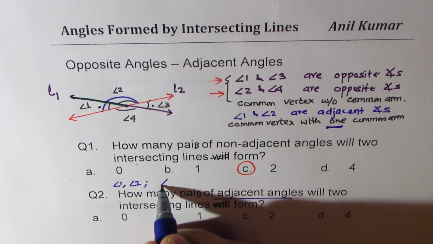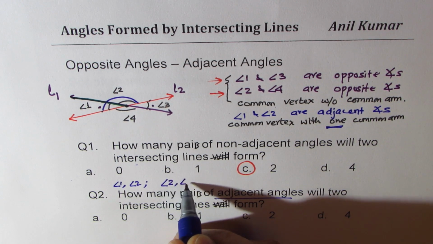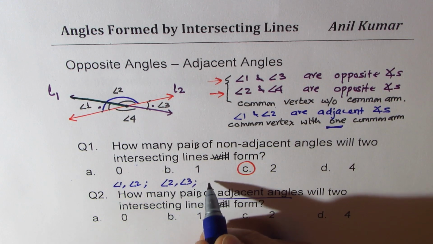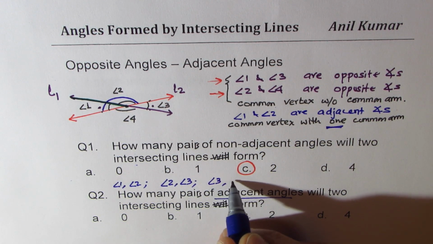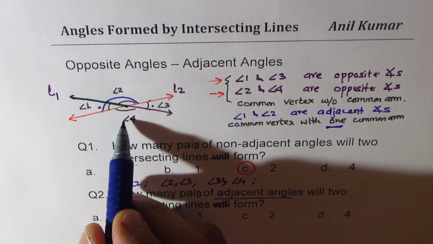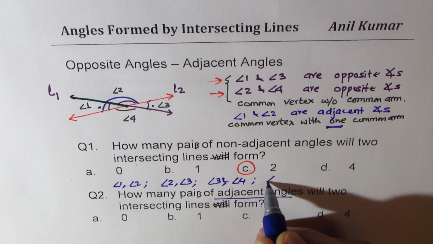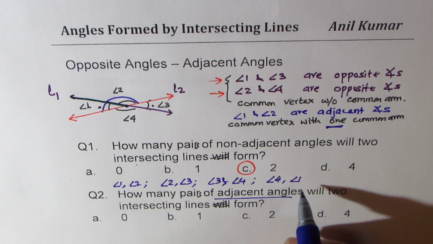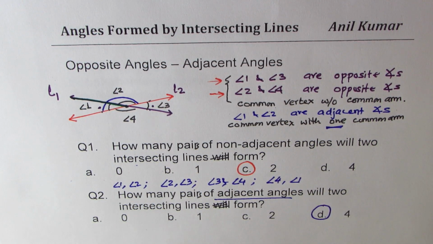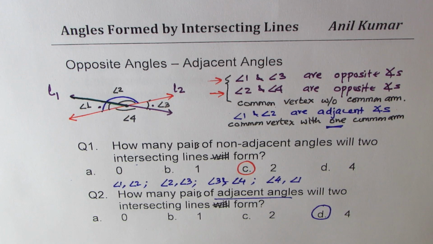They are also adjacent. Now 3 and 4 are also adjacent. And 4 and 1 are also adjacent. So we have 4 pairs of adjacent angles when two intersecting lines are there.